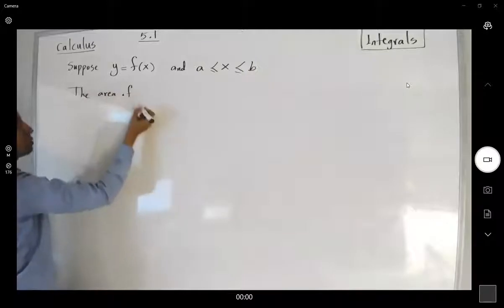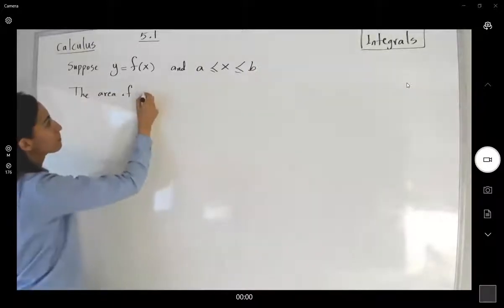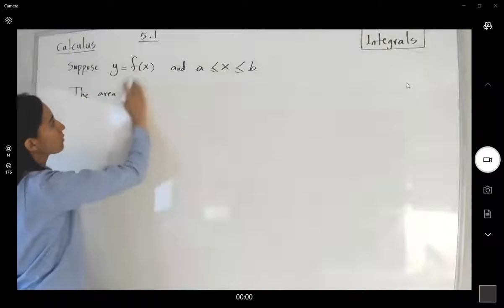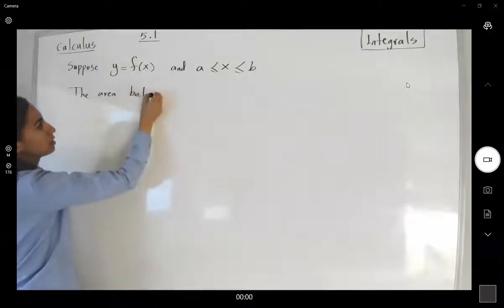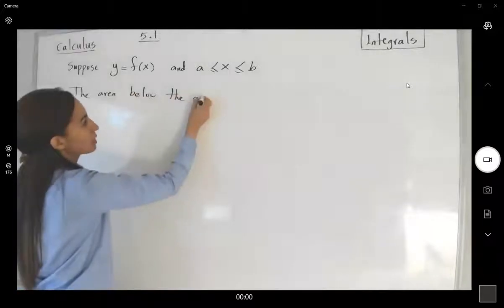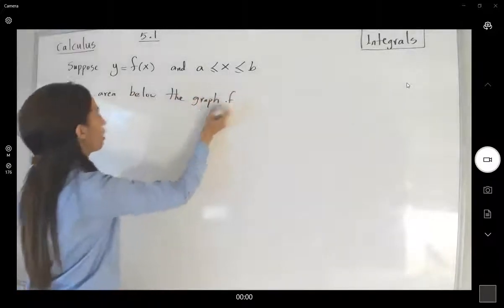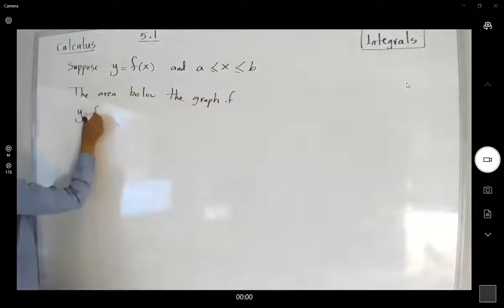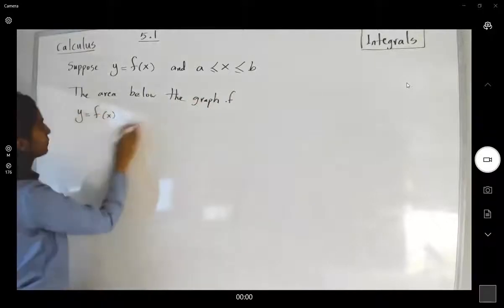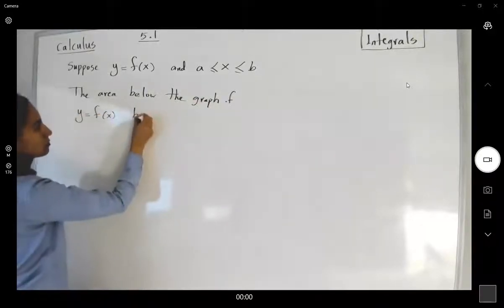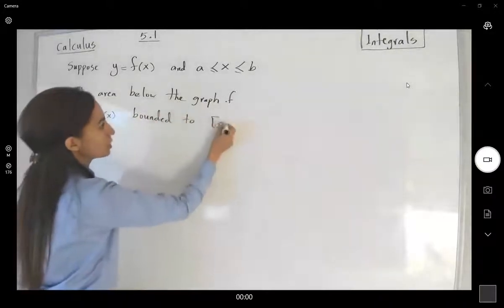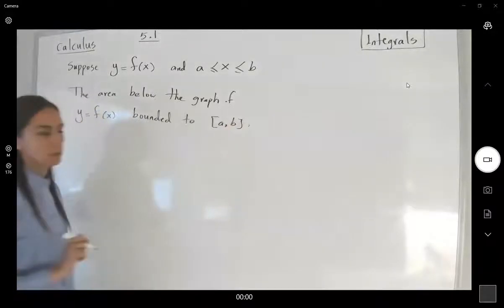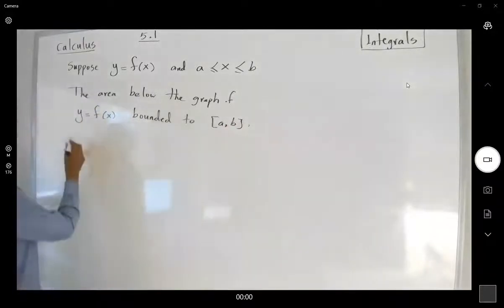Let's just find the area below the graph of y equals f of x bounded to interval AB. It can be calculated this way.